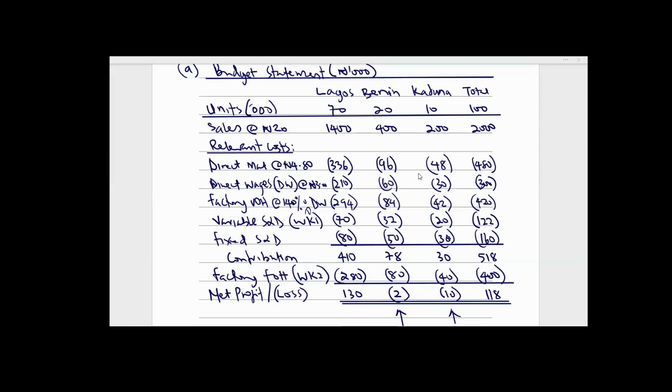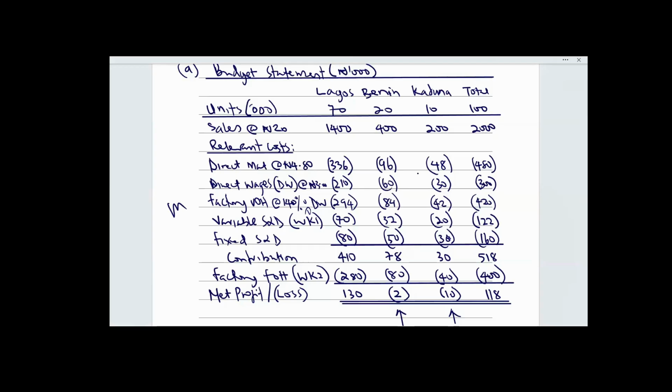The other part of the selling expenses is variable, which is to motivate the sales executive: the more quantity you sell, the more commission you earn.